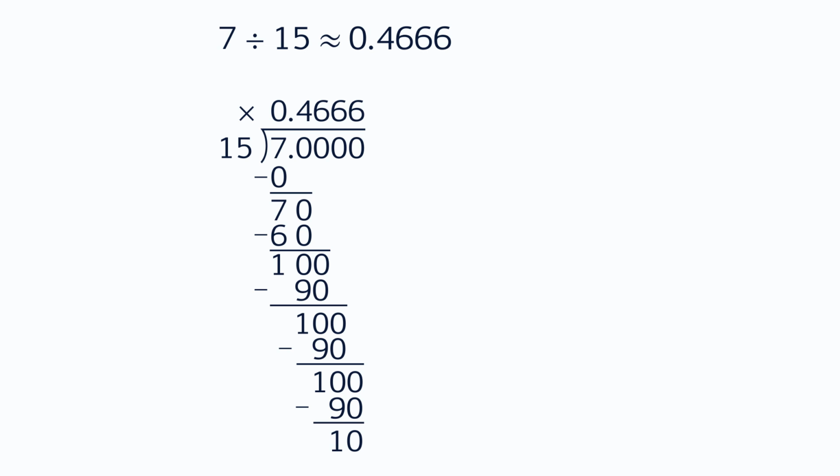If you had continued, you would notice that there would be an endless string of 6s. Make sure you pay attention to the approximation. In this case, the answer could be written as 0.467 because 0.4666 is about equal to 0.467 when you round up.